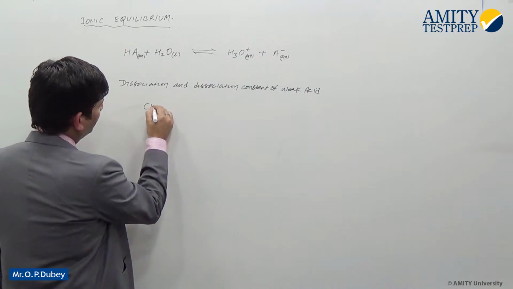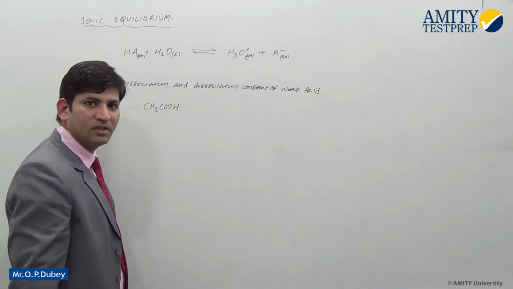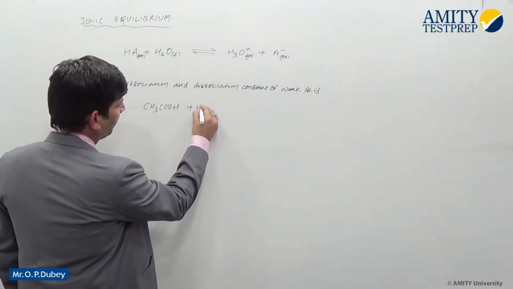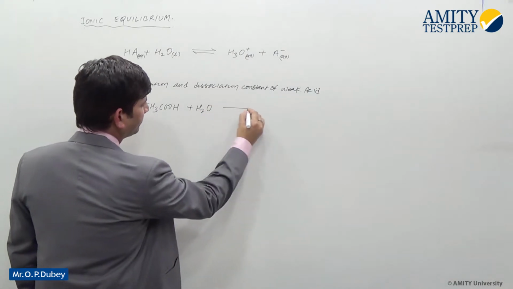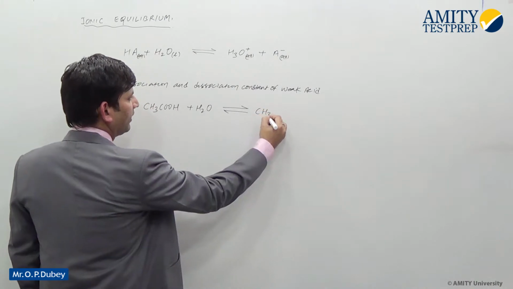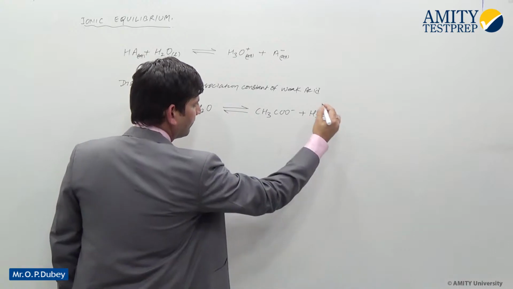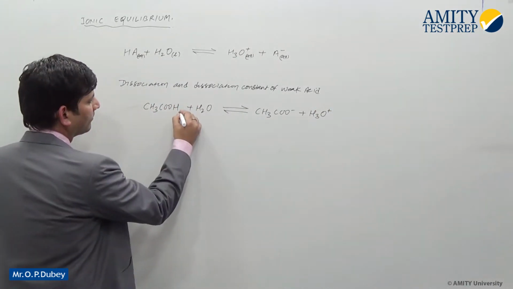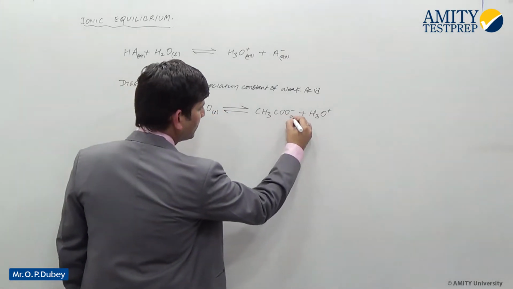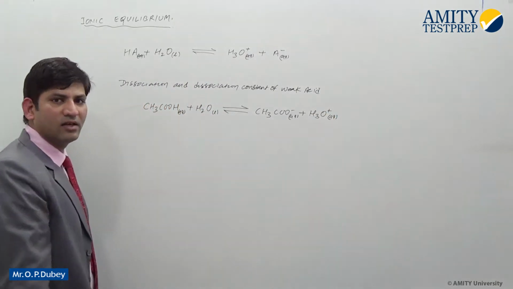Take an example of an organic acid like acetic acid. When it is dissolved in water, it partially ionizes, giving acetate ion and H3O positive. Acetic acid is aqueous, water is a pure liquid, acetate ion is aqueous, and H3O positive is aqueous.